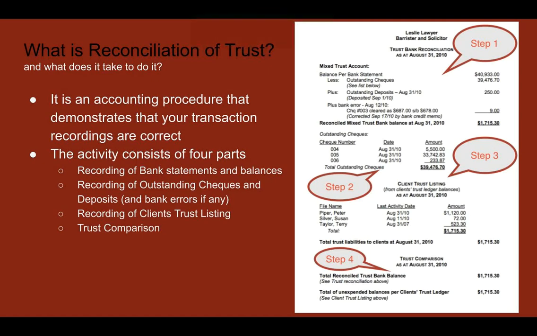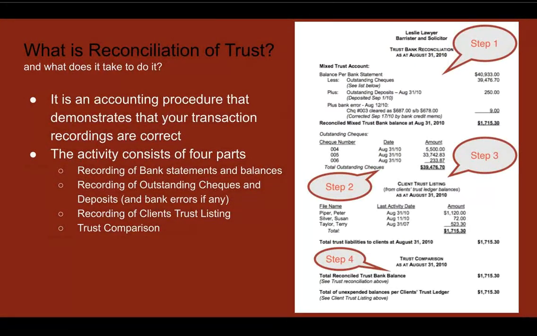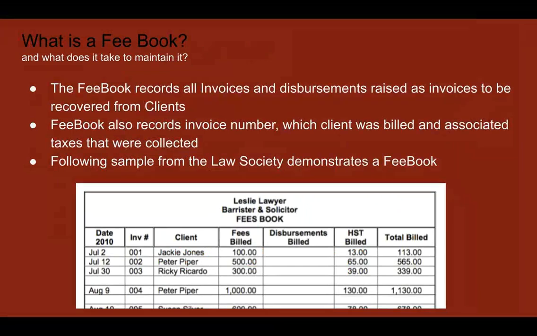Keeping that in mind, you run the trust comparison as well and show the total reconciled balance that ties off with the unexpended bank balances. Now, let's say general is very similar to that of trust. Like I already mentioned, the only thing that will not be there is that the reconciliation for general will not have the bank error over here.